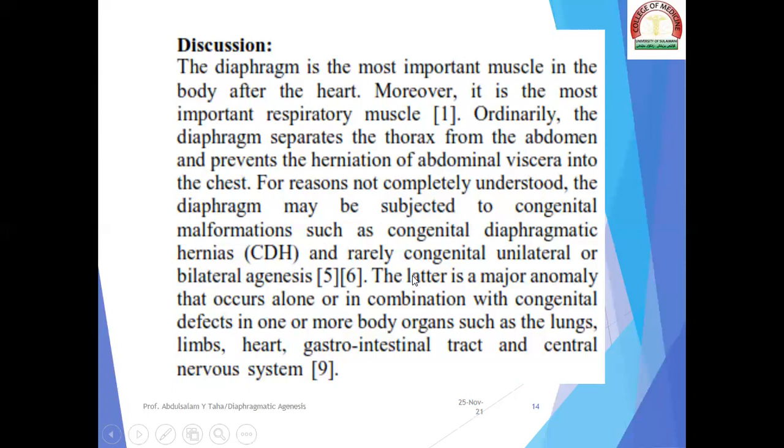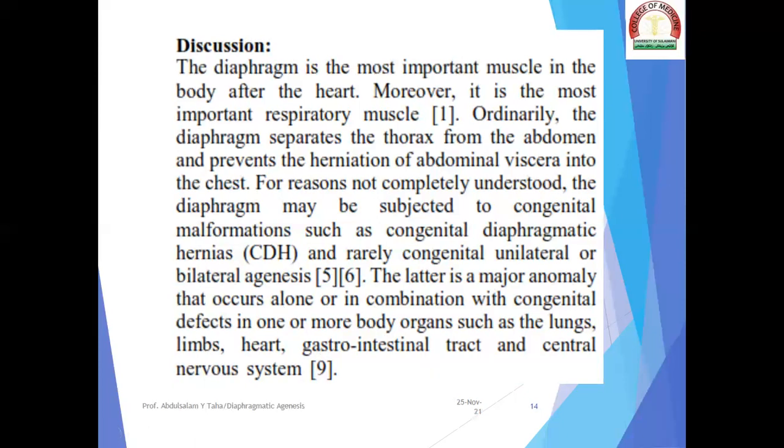The latter, diaphragmatic agenesis, is a major anomaly that occurs alone or in combination with congenital defects in one or more body organs, such as the lungs, limbs, heart, gastrointestinal tract, and central nervous system.